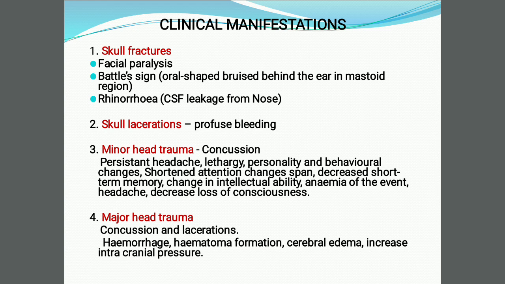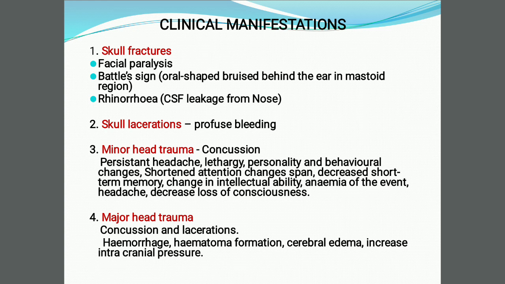It is an oval-shaped bruise mainly behind the ear in the mastoid region. When you see this bruise in the mastoid region, it indicates that there is a fracture at the bottom of the skull, that is the middle cranial fossa.